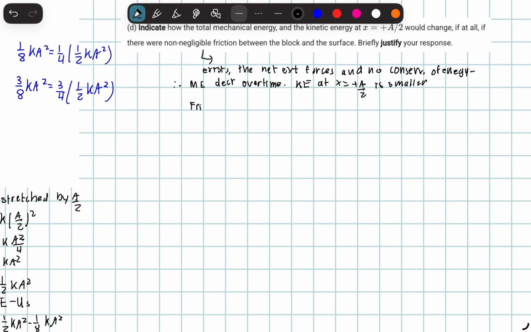We also have that the friction does negative work. The work done by friction is less than 0. Therefore, we have E final is equal to E initial plus the work done by friction.